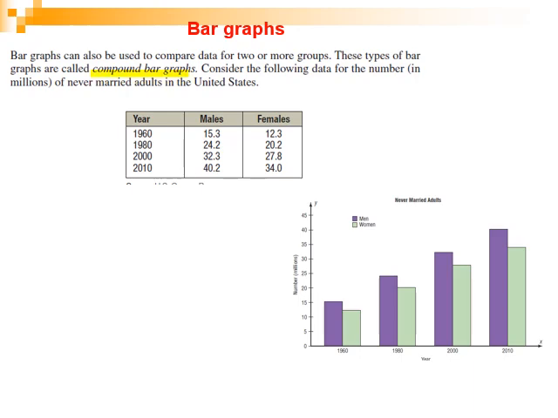A compound bar graph, for example, consider the following data: the number, in millions, of never married adults in the United States. We have two types, male and female, and we have four years. So on the horizontal axis, we put the years, and the frequencies on the vertical axis.